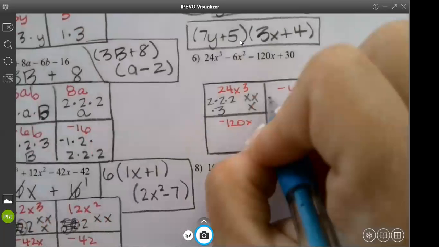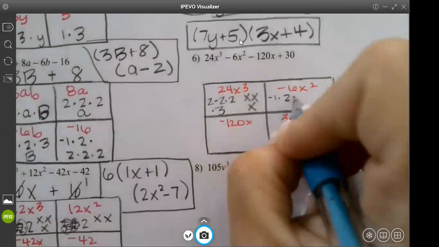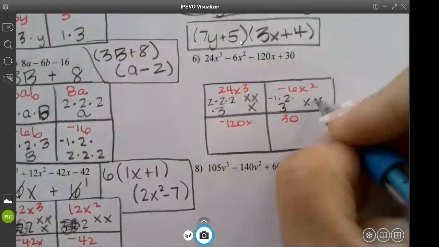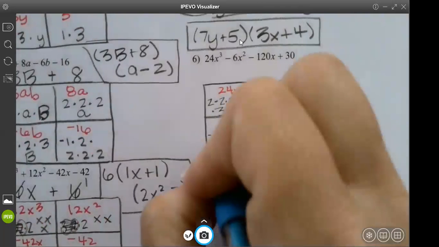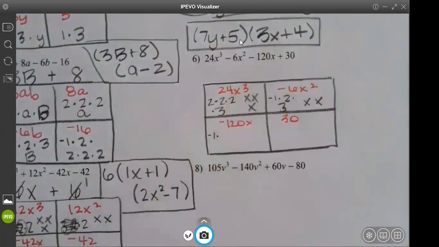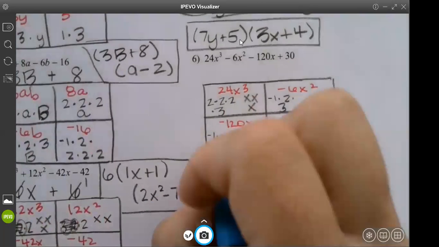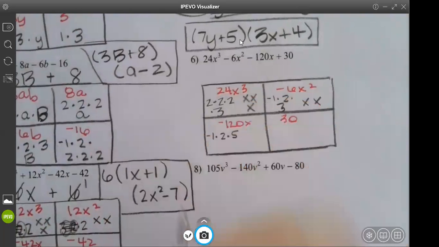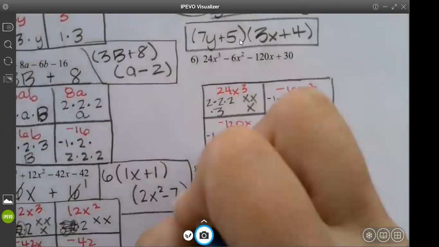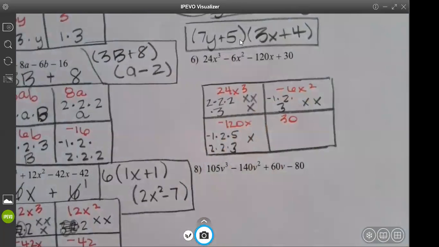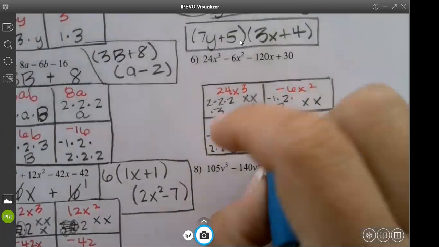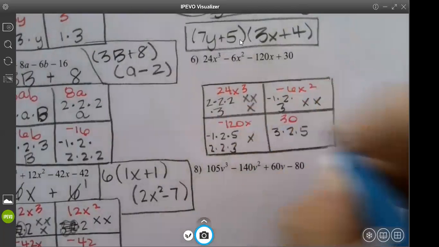Negative 6 is negative 1 times 2 times 3, and 2 x's. Negative 120 is negative 1 times 12 times 10. 10 is 2 and 5. 12 from our other problem was 2, 2, and 3. And we have an x. And then 30 is 3 times 10, or 3, 2, and 5.